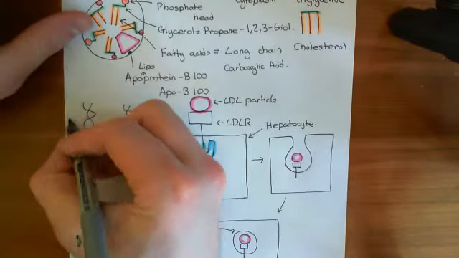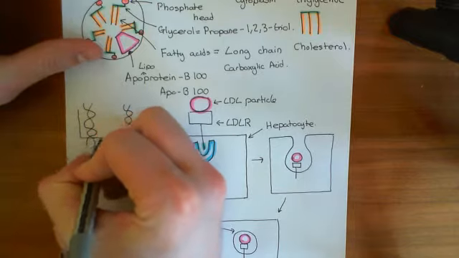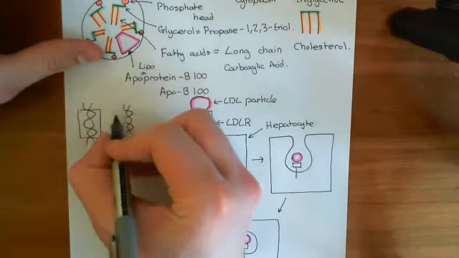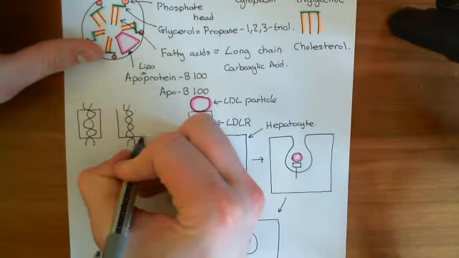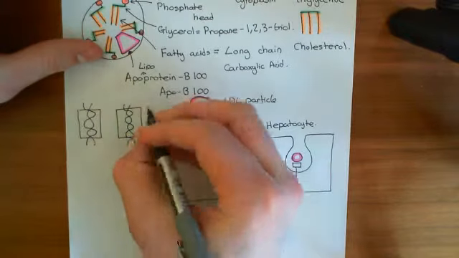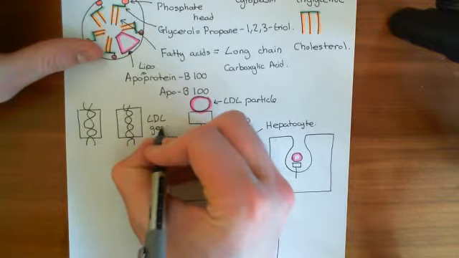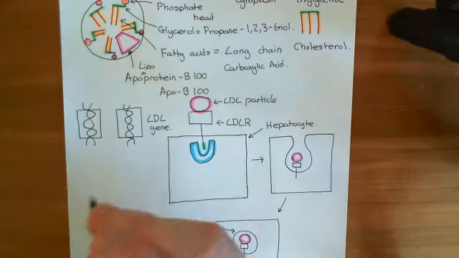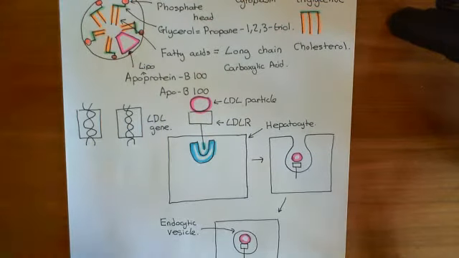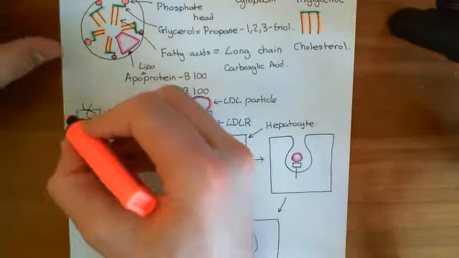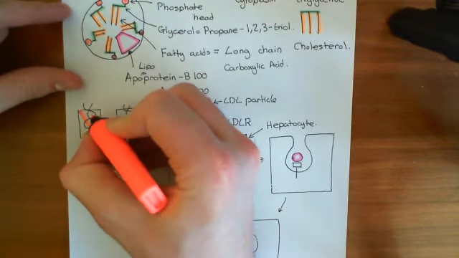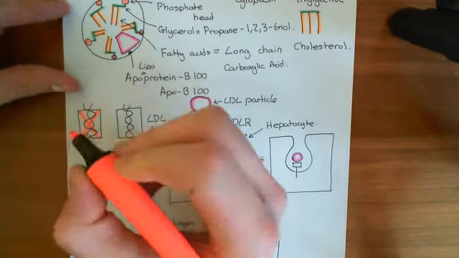Now, let's show these LDL genes as these boxes here. So this is one LDL gene, let's say that's the paternal one, and here's our maternal LDL gene. So these are the LDL genes. Right, so if we suffer loss of function mutation in one of them, then that means one of them is no longer going to function. So let's say it's this one here that no longer functions.